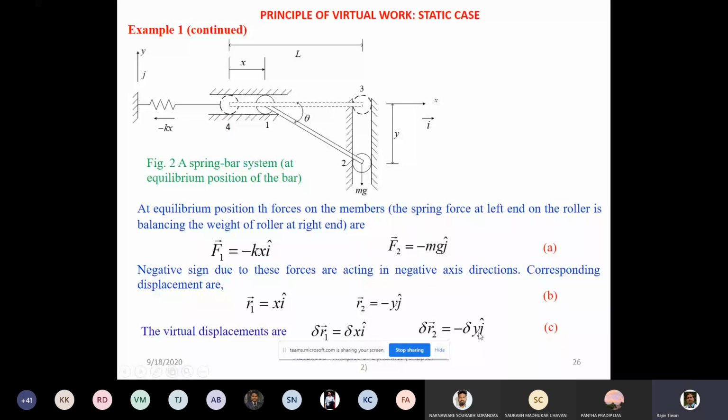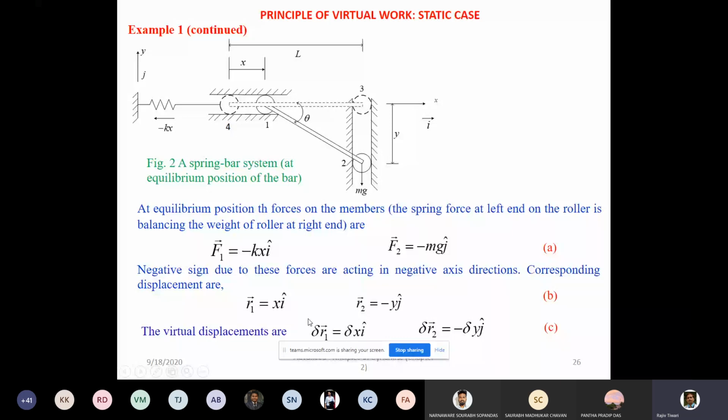So we need to find out the virtual work. That will be nothing but this force multiplied by this virtual displacement. So these are the actual x and y displacements, and around that we are giving a small variation delta r.